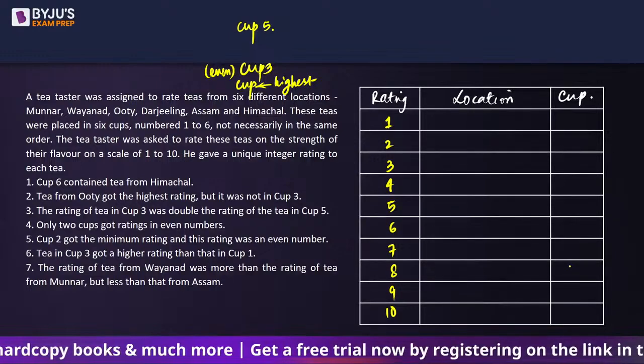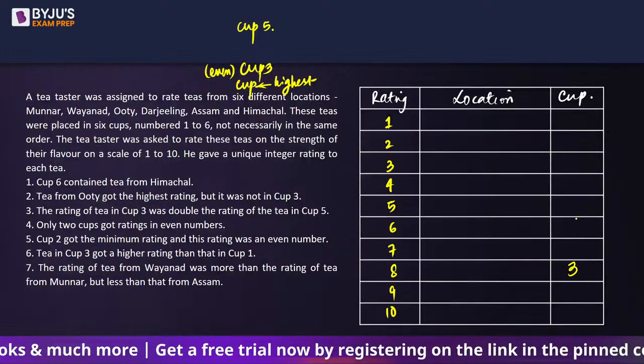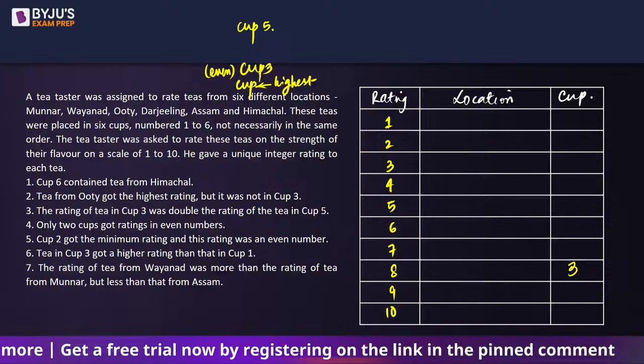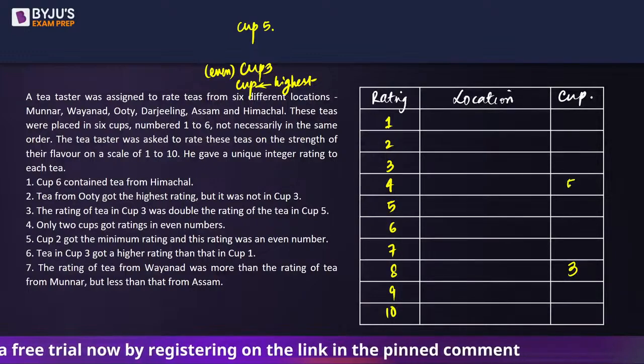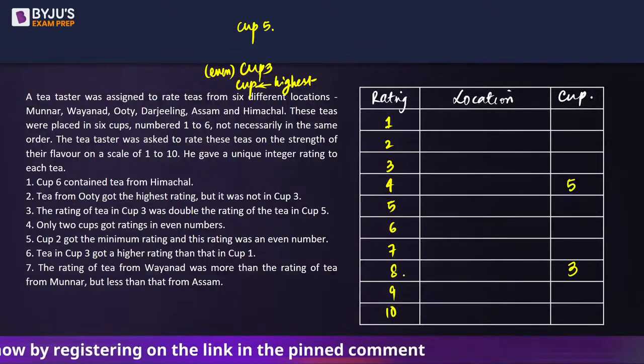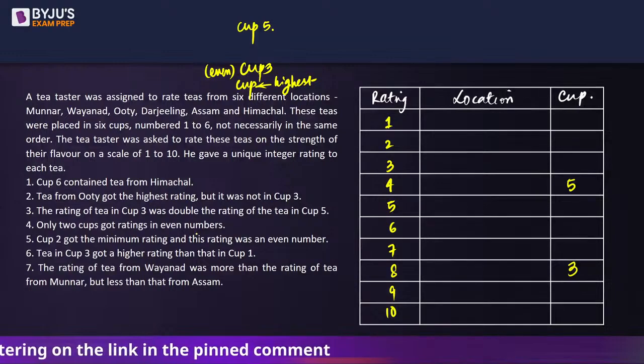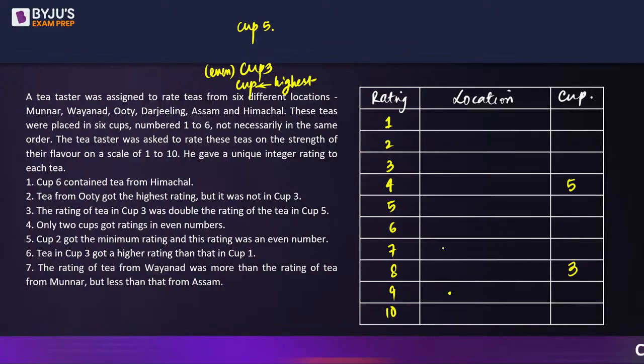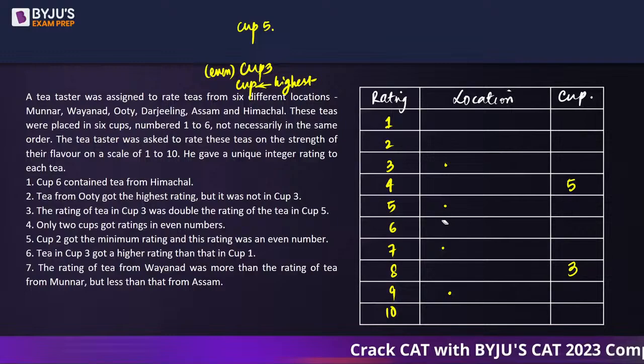The next possibility is if this is cup 3, so we will have cup 5 as this. So we have got 2 even numbers, right? Very much possible. Now, since we need 4 more cups, these 4 more cups can go to the odd numbers that are available to us. So that will not be an issue. So this is very much possible.